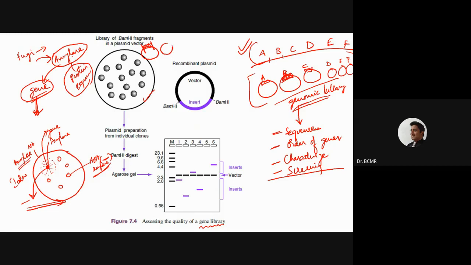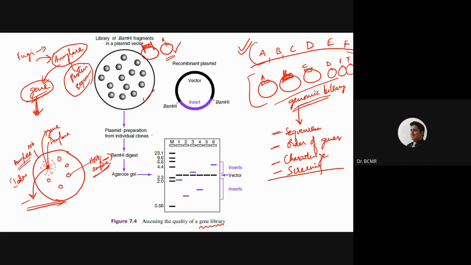Those that are vector religation may not have the fragment, but they will just have this BamHI site. So out of these, we need to find out which of those are actually recombinants and which are not. There is no point in carrying any vector religation clones. These should be eliminated from the library. Otherwise, they are just adding to the number.